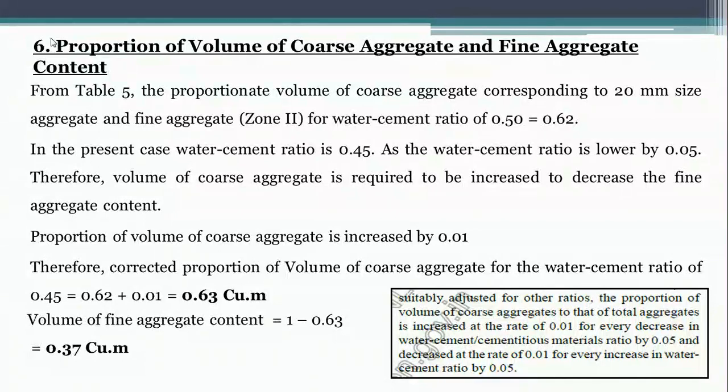So now we are using 0.45, so we have to increase that value by 0.01 on the right hand side. So by adding that you will get 0.63. So for the water cement ratio of 0.45, the volume of coarse aggregate is 0.63 cubic meter. Now in this case, the method of placing is not pumping.